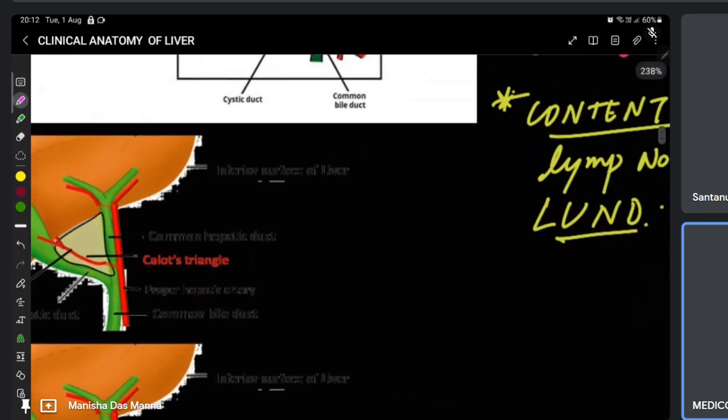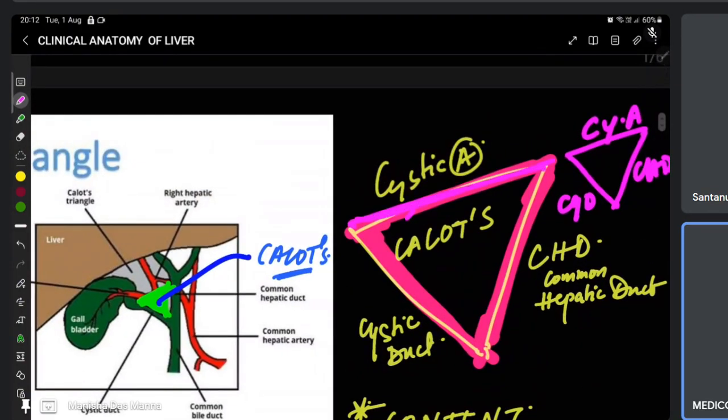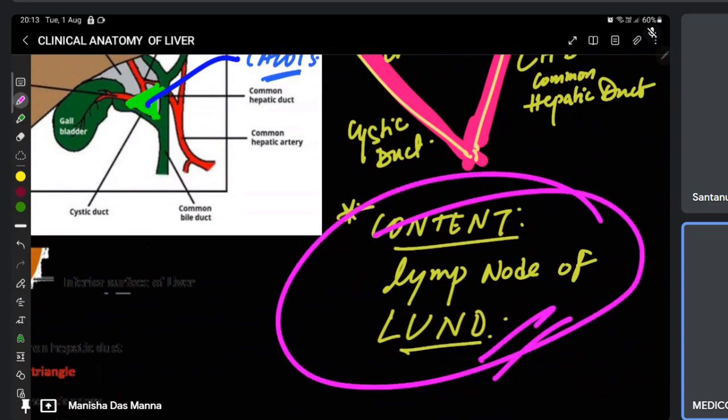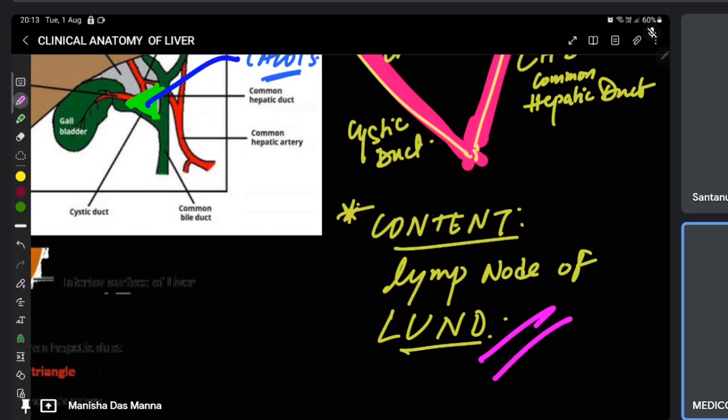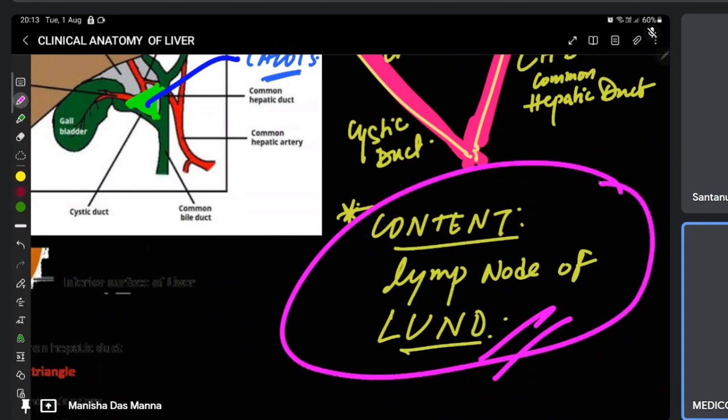But now the cystic artery is the border of the Calot's triangle, and the only content is the lymph node of Lund. This is the important concept. The name of the lymph node which is located in the Calot's triangle is lymph node of Lund. Is it clear to everyone?